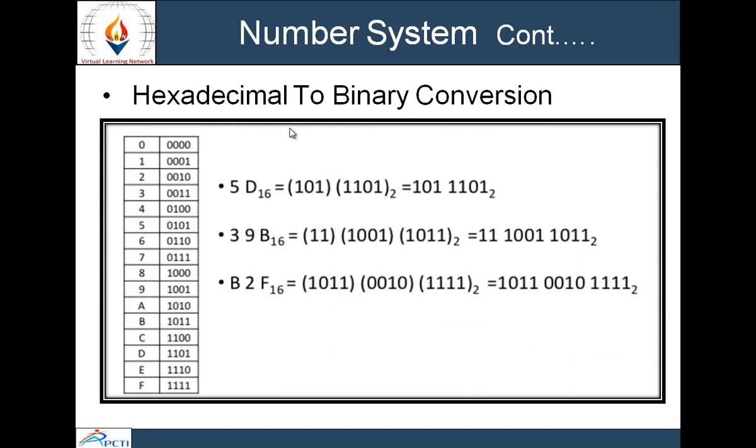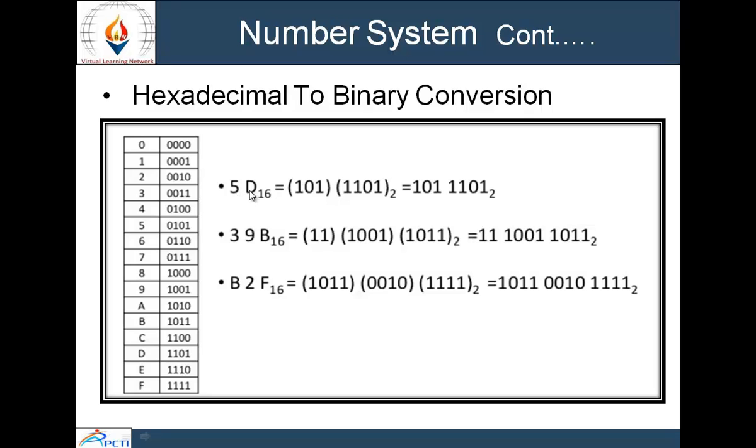Next is hexadecimal to binary conversion. Converting from hexadecimal to binary is as easy as converting from binary to hexadecimal. Simply look up each hexadecimal digit to obtain the equivalent group of 4 binary digits.